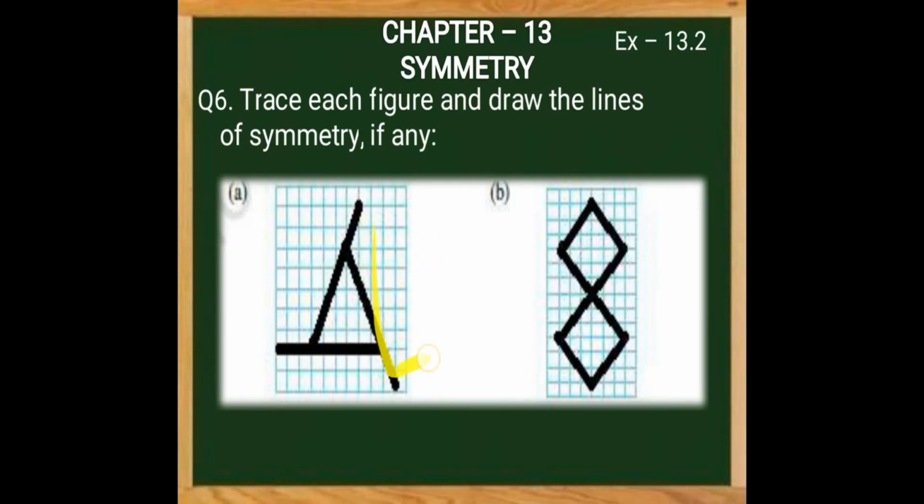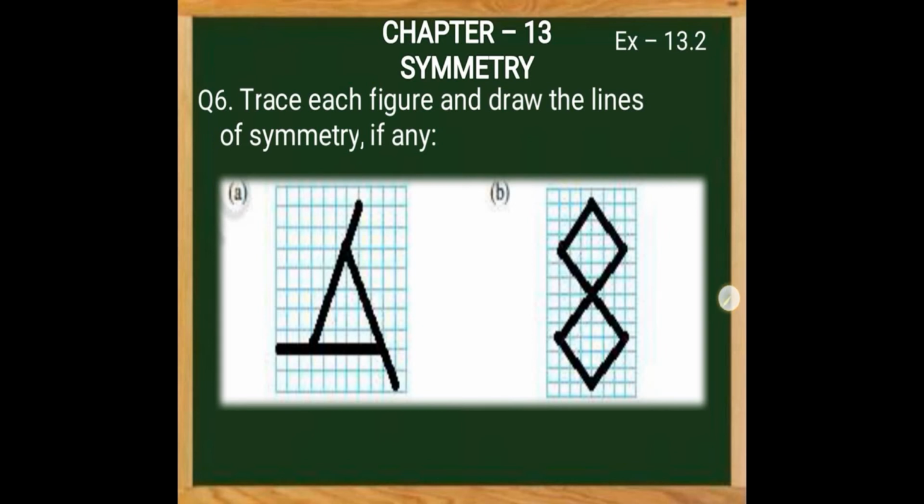You must have the same pattern on this side, which is not so. So A part cannot have it, even this way you cannot divide. Anyway, you can try out any number of ways you want. In any case, you will not be able to get the exact coincidence of the figure. So since it's not balanced, you cannot draw a line of symmetry here.